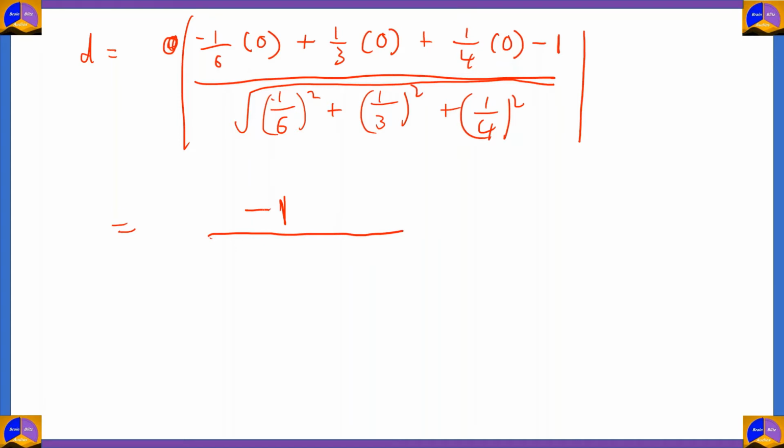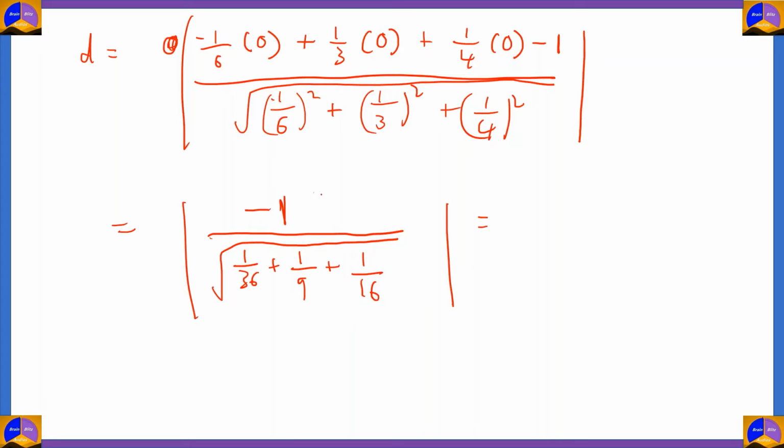Whole divided by root of 1/6 the whole square is 1/36, plus 1/3 the whole square is 1/9, plus 1/4 the whole square is 1/16. And this is under a big modulus. So in the modulus sign, whatever is present is given as the positive sign of it. So here -1 would become +1 due to the modulus function. And divided by, we need to find an LCM for the three denominators in the root.